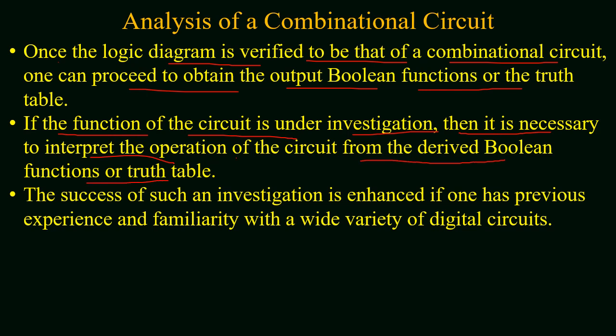The success of such investigation is enhanced if one has previous experience and familiarity with a wide variety of digital circuits. Like if you have a good experience with digital circuits, then you can easily interpret the operation of the circuit using the derived Boolean function or the truth table.